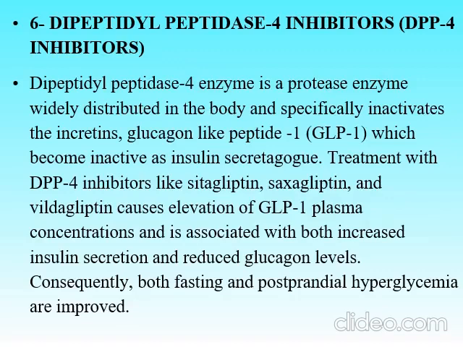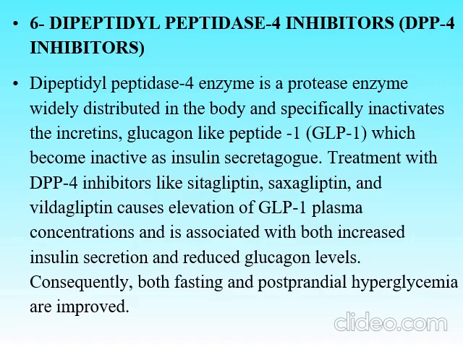The other group linked to gut hormones is the dipeptidyl peptidase 4 inhibitors. Peptidase 4 enzyme is a protease enzyme widely distributed in the body and specifically inactivates the incretin glucagon-like peptide, which becomes inactive as an insulin secretagogue.